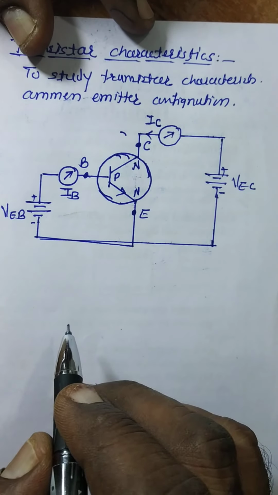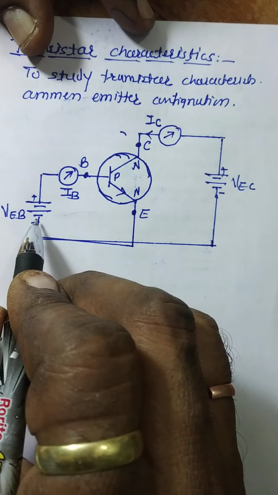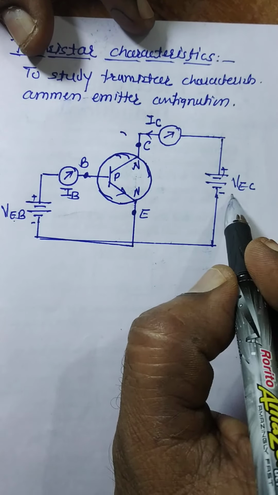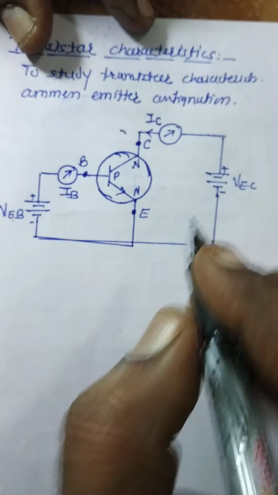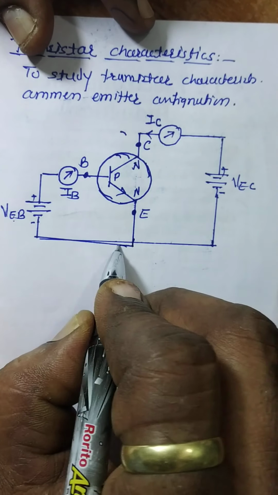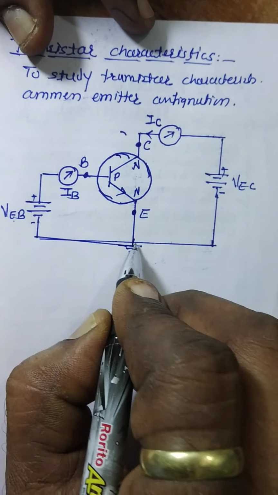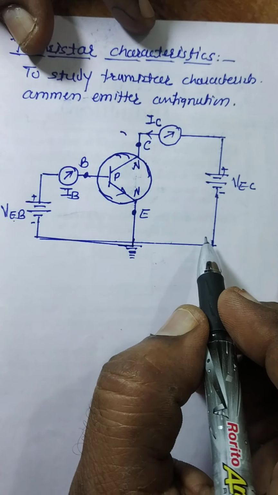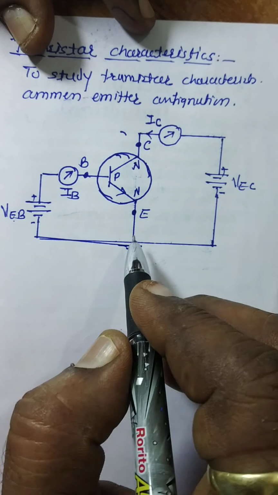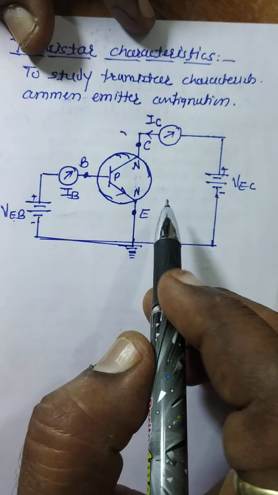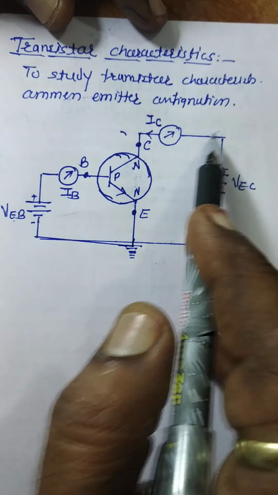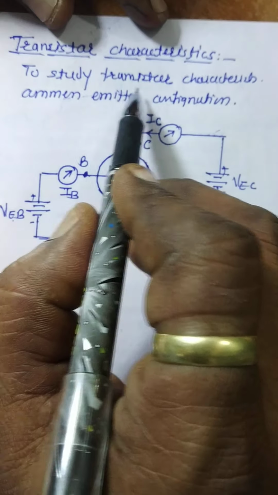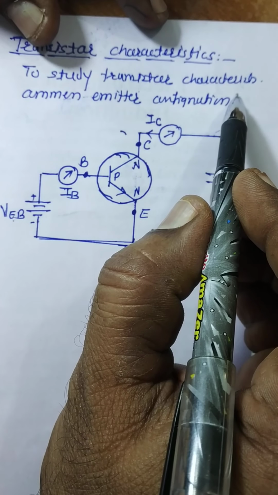Now see, the potential between emitter and base, and potential between emitter and collector. This terminal is grounded. Simple circuit connection.